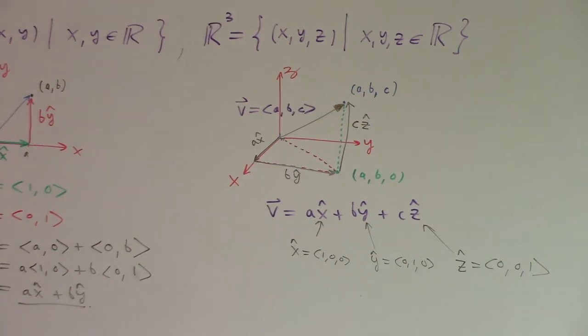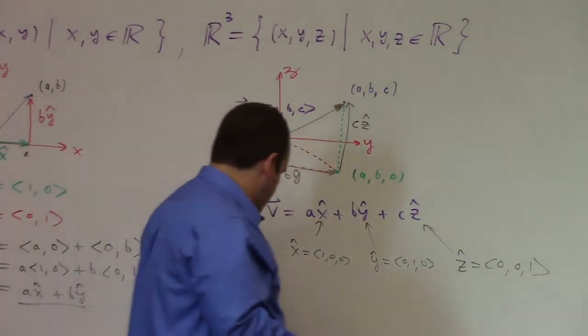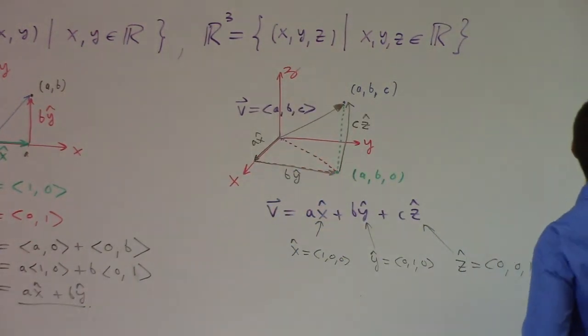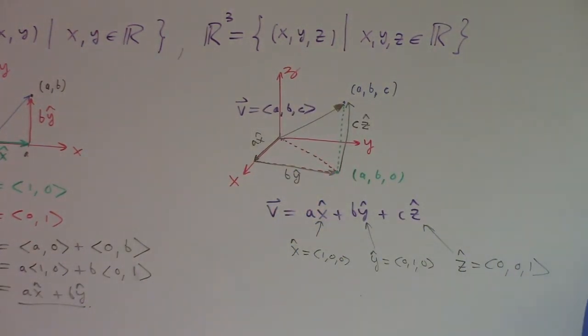a, b, c, right? We good? All right, now that I've been using vector addition for like 10 minutes or whatever, let me actually bother to define it for you. Definition: if v and w are elements of Rn, then that means that v is equal to ⟨v1, v2, ..., vn⟩, and w is equal to ⟨w1, w2, ..., wn⟩.